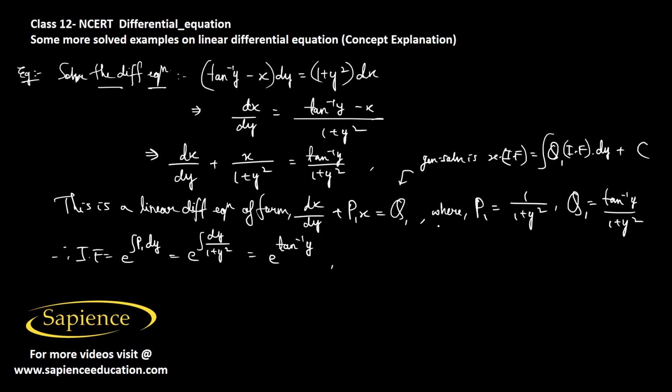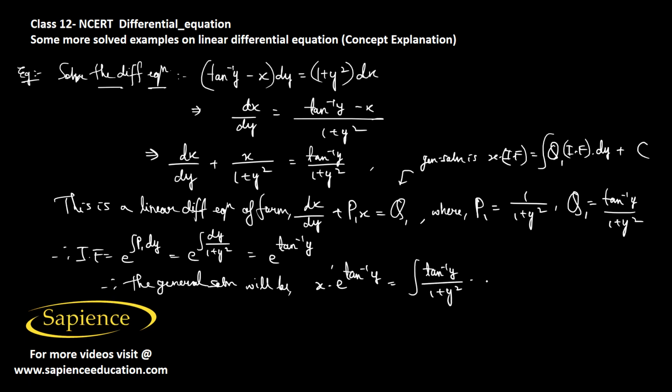Therefore the general solution of this differential equation will be x times e power tan inverse y equals integral of tan inverse y by 1 plus y square into e power tan inverse y into dy plus c, obviously. Let's say this integral we take as I.